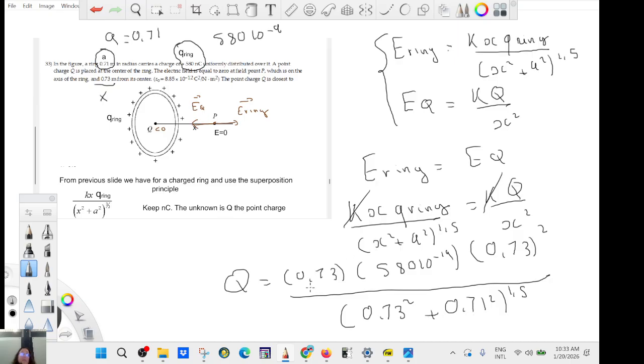And you can put cube here, 0.73 cube. Take your TI. In nanocoulomb. Where'd you get the 0.73 that's not squared? x here. So this is 0.73 meters, and this is 0.71 meters.